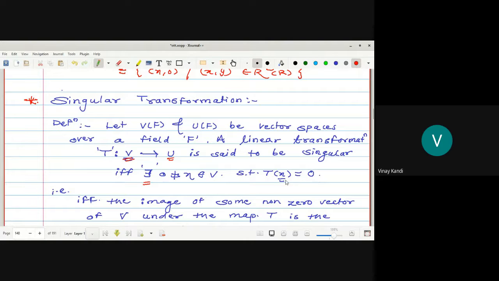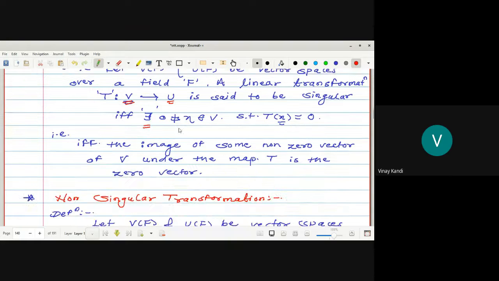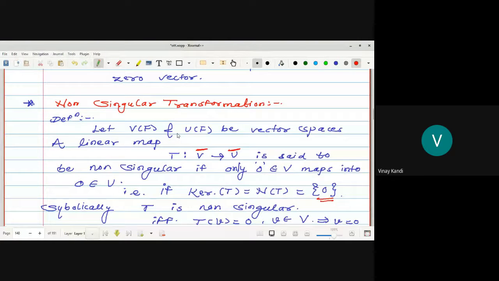And also we've seen what a non-singular transformation is.